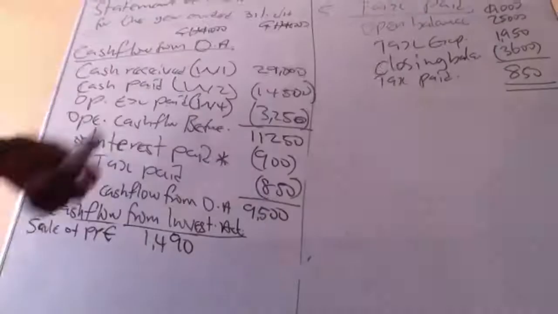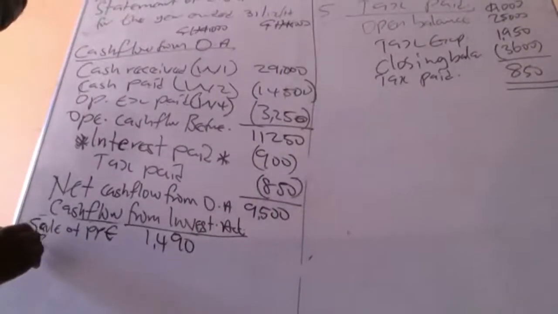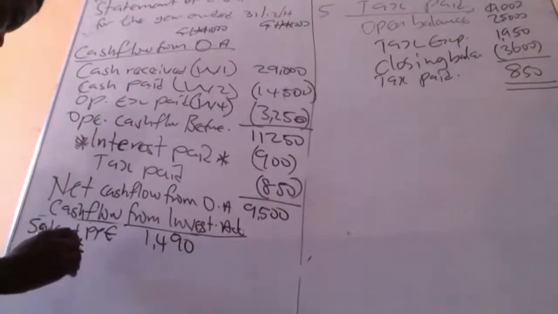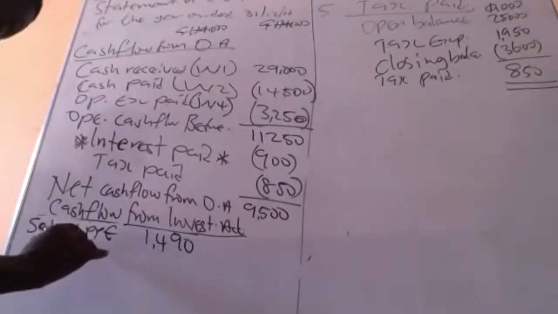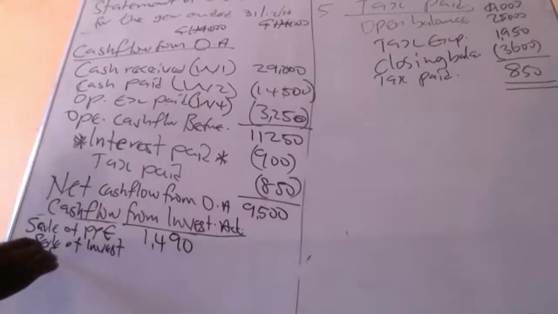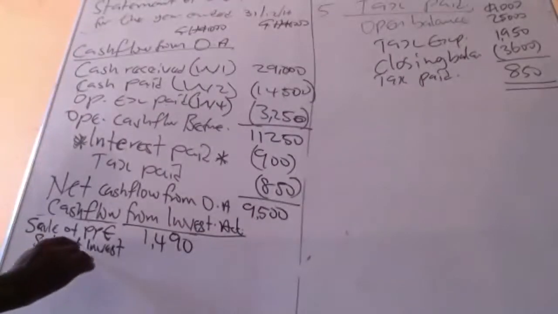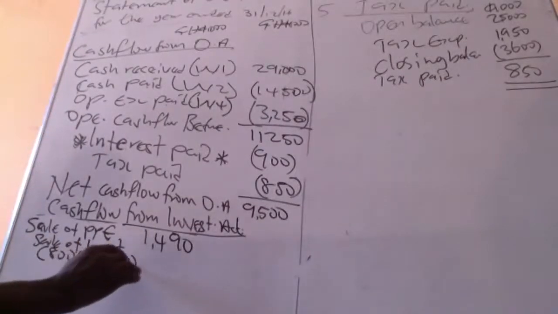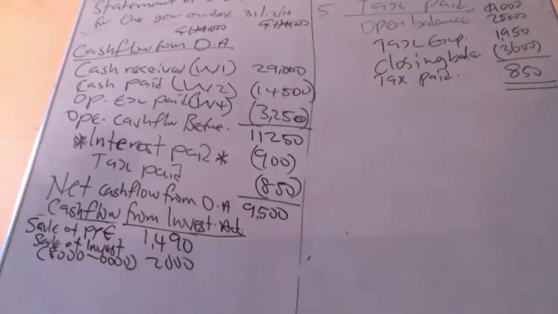That's the sale of investment, right? That's the proceeds from sale of investments. Then you do your workings. It's 8,000 less 6,000, so we get 2,000. It's a positive amount. How did we get that? It's positive. Yes.